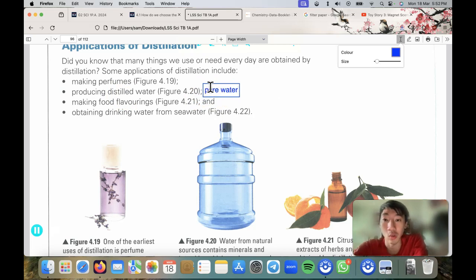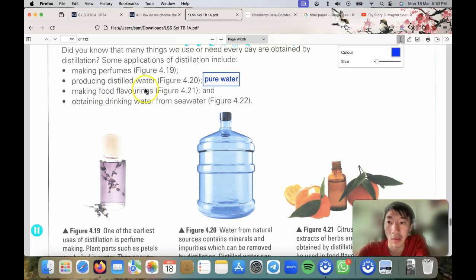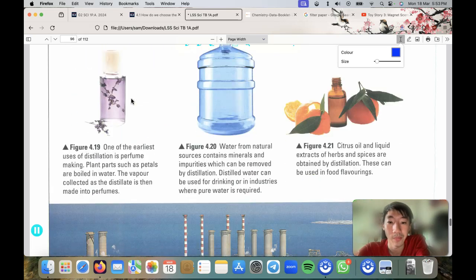It means that you can drink distilled water, right? There's no harmful things inside, because the water, as we said, has already been distilled through the distillation process, and then we get pure water. Okay, so these two words are very similar. Distilled water and pure water are very similar. Okay, you can make food flavorings, you can get drinking water or seawater. All of this is through distillation.